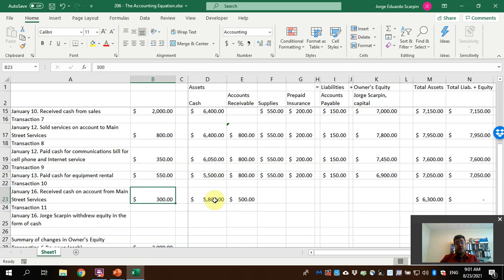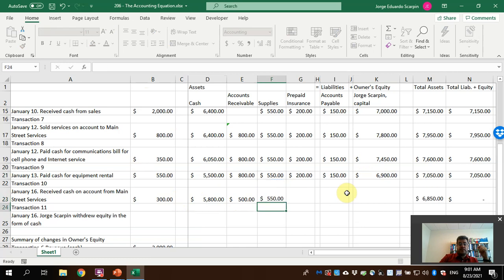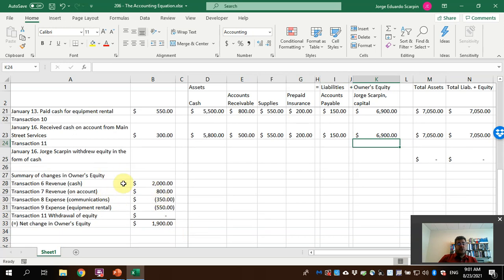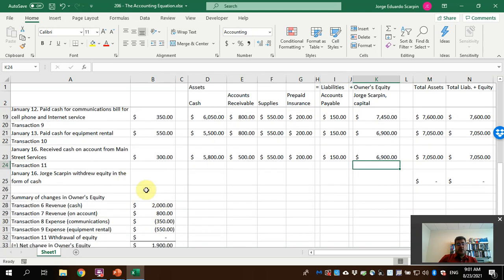We increase our cash by 300, decrease accounts receivable by 300. So if we are doing the math, our total assets will remain the same because we will keep supplies, we will keep prepaid insurance. If our assets remain the same, our liability and owner's equity remain the same. And no changes in owner's equity here.